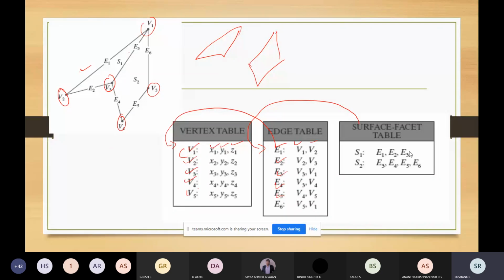They are storing vertices in a separate table, edges in a separate table, and surface faces in a separate table, but a few things are getting repeated. If you're using only the vertex table and surface table, some edges can be drawn twice. And if you're using only the surface table, the coordinate information can get duplicated.